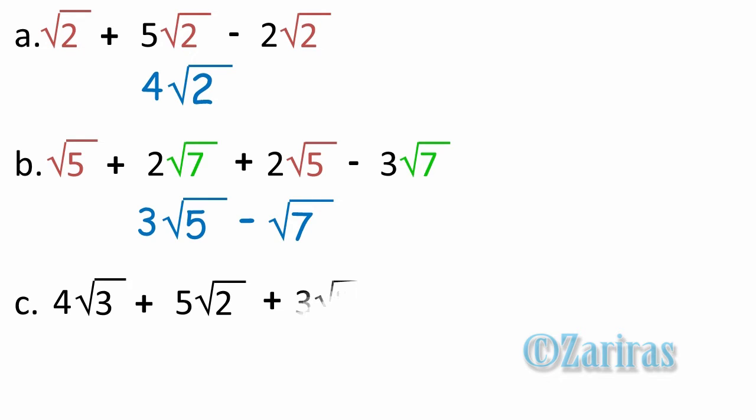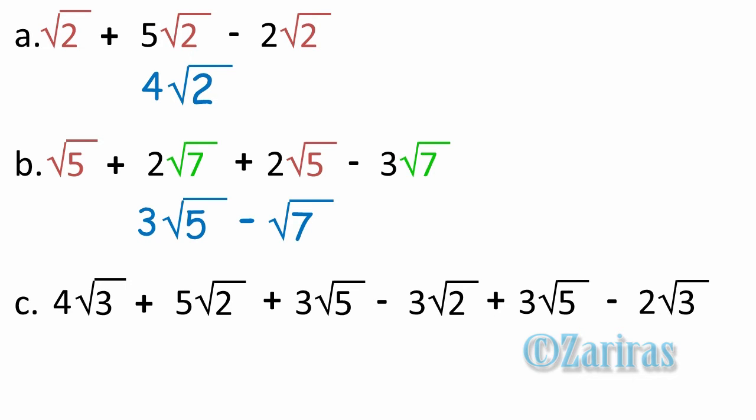So next question, we have 4 root 3 plus 5 root 2 plus 3 root 5 minus 3 root 2 plus 3 root 5 minus 2 root 3. So there are 3 different sets. First let's see the root 3 set. We can place the set and then we'll find the sum of the coefficients. 4 minus 2 is 2 root 3.